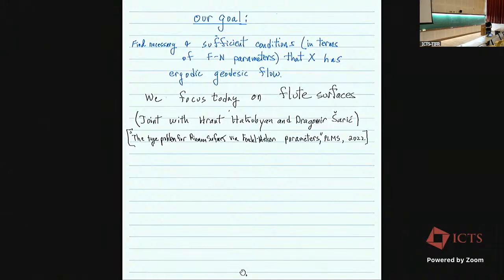Fenchel-Nielsen parameters are, in those constructions of the flute surfaces, you're picking the lengths of the curves and the twist parameters. And more generally, if you had an infinite type surface of some other topological type, you pick some pants decomposition, and then you can pick lengths and twist parameters. I'm carefully saying the word parameter, and not coordinates, because I'm not thinking of coordinates here. That's a different story.